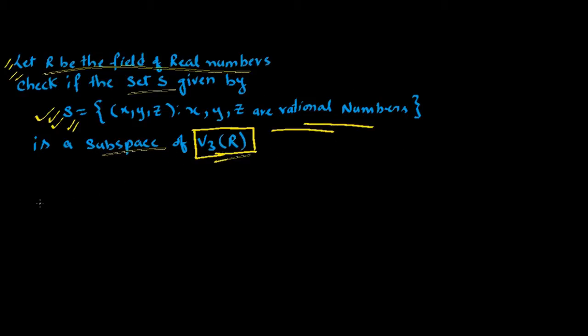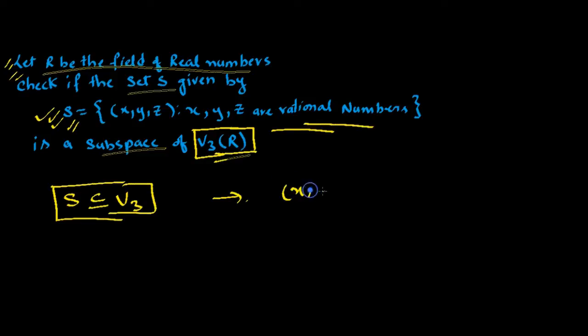First thing we need to show is that S is a subset of V3. Let's see the general element of S. The general element of S is (X, Y, Z), where X, Y and Z are rational numbers.